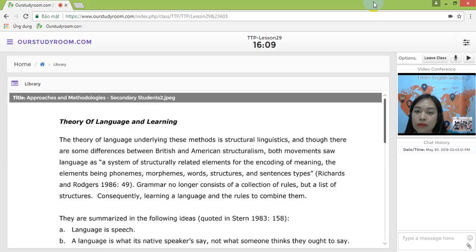D. Grammatical structures are learned through oral use: repetition, substitution drill, reading aloud.